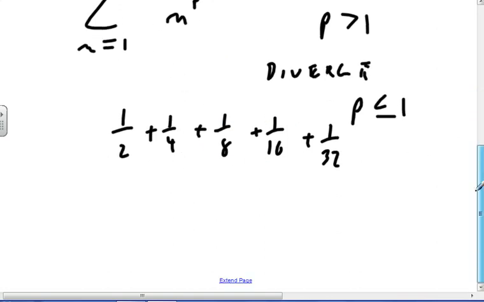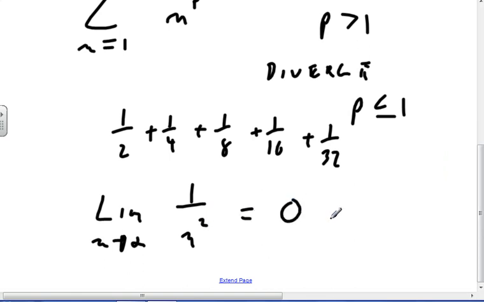If I look at the limit as n approaches infinity of 1 over n squared, I see that that's 0. So I don't get a contradiction there. We call that the p-series test.